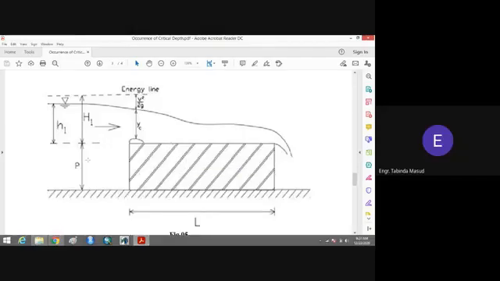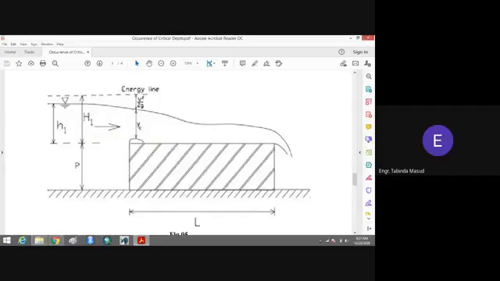P is the height of the weir, and H1 is the depth of the flow from this point up to this point. You can see that this is the level of water, so this is the depth of the flow, and this is the energy line. So this is the total head of the flow, that is potential energy plus kinetic energy at the upstream side.